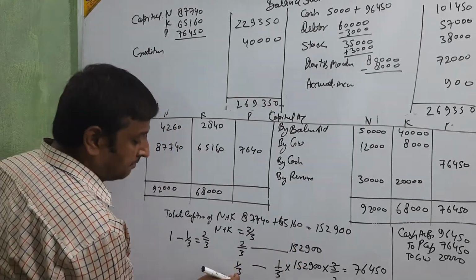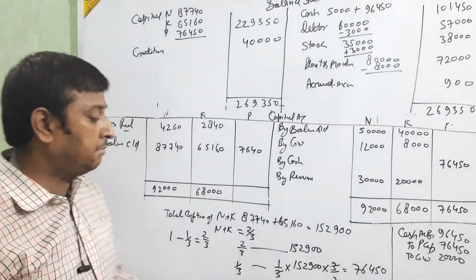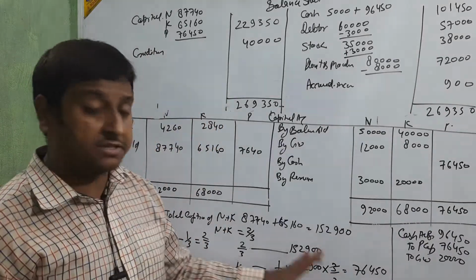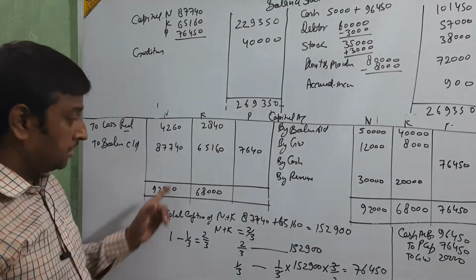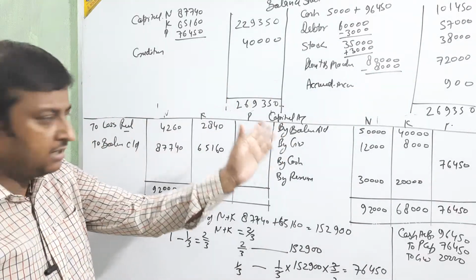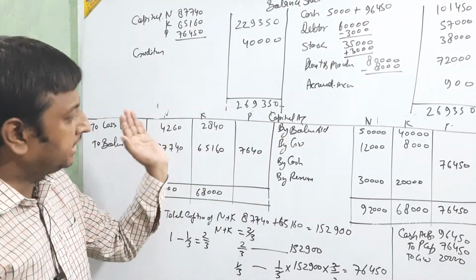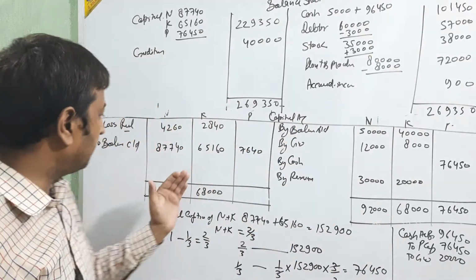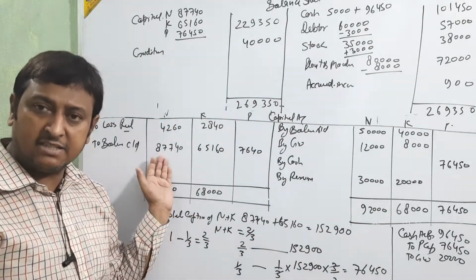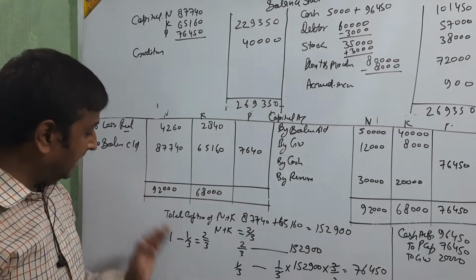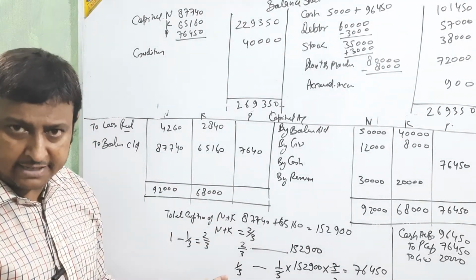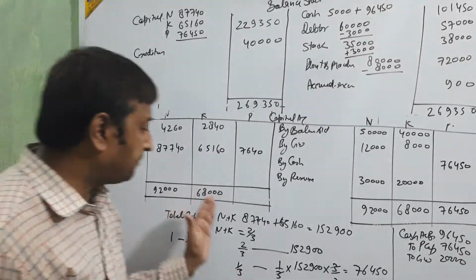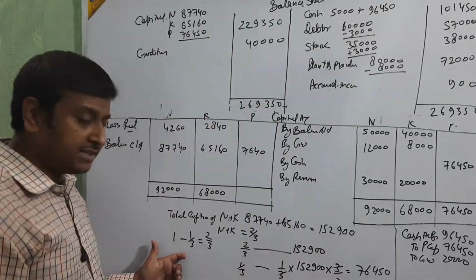If the ratio of new partner is this, then what amount is needed? Clear beta? Totally make the revaluation and all adjustments, then make the capital account. After making the capital account, we take the balance of the old partners' capital and total it.